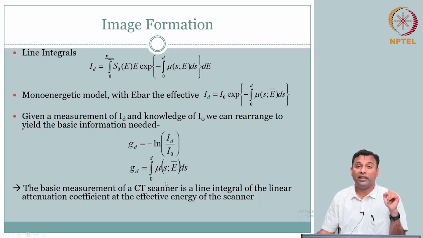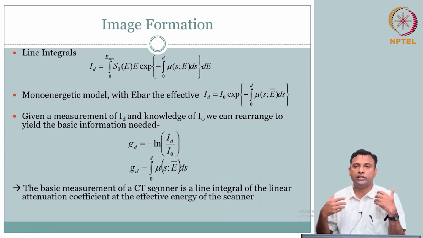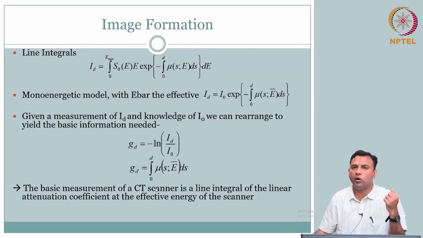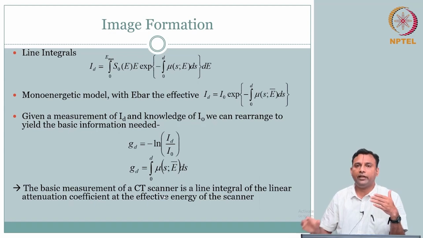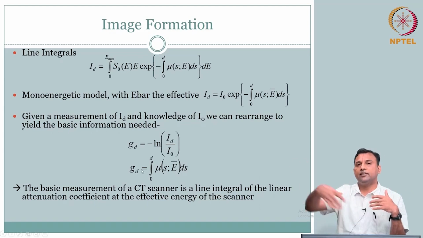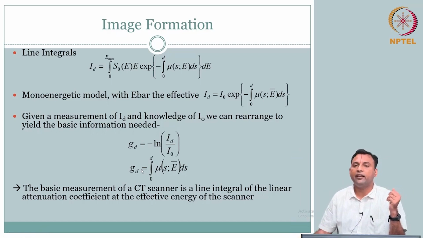Okay. But if you look at the values of mu for biological tissues, like bone, muscle, fat, the difference between the mu values is very small. Just by using projection radiography, can I get to see the different tissues, the contrast?